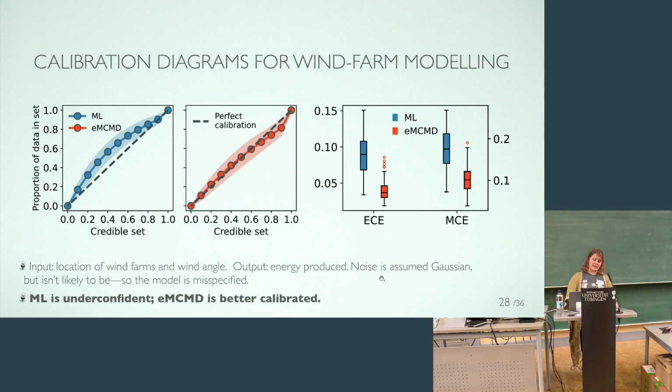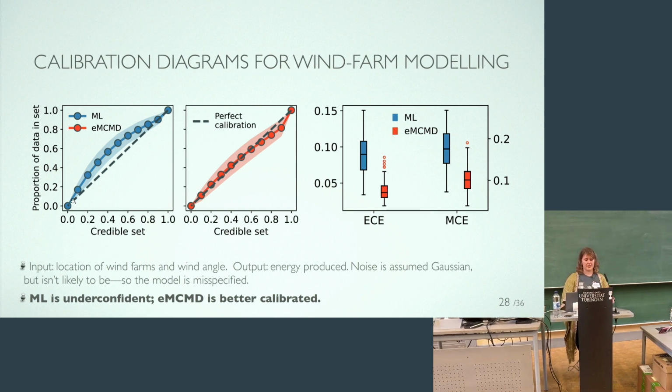And here we compare the calibration of posterior GPs where the amplitude parameter was fit with maximum likelihood versus EMCMD, more explicitly, where we plot the real proportion of data that falls into some region around the mean against the proportion of data that should fall into that region as far as the model is concerned.